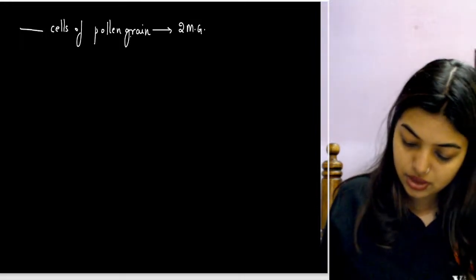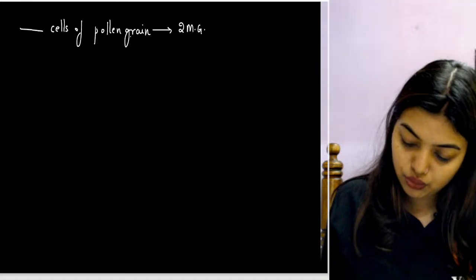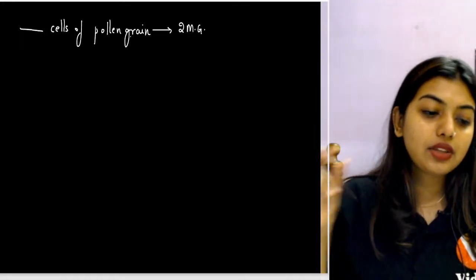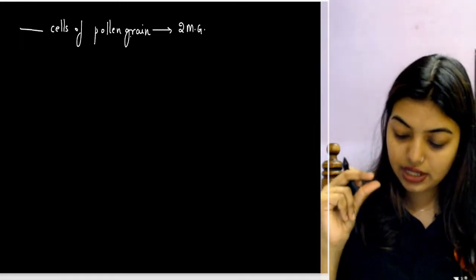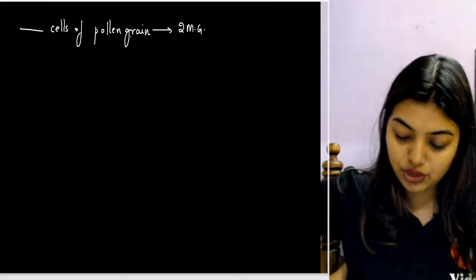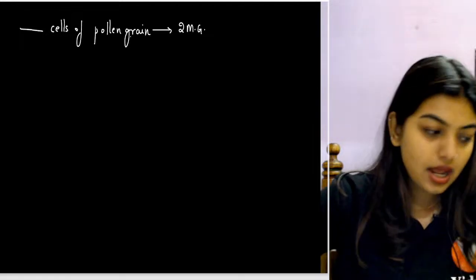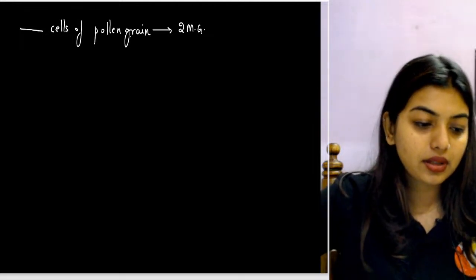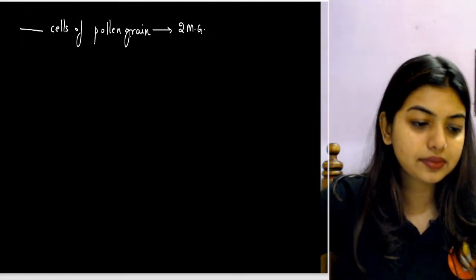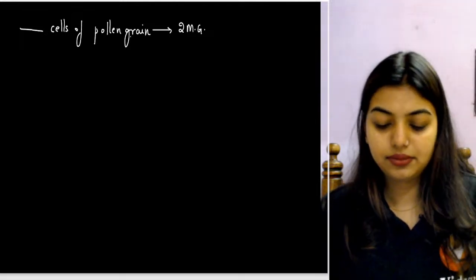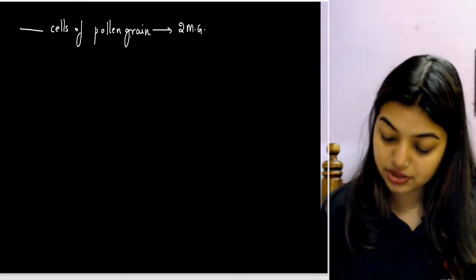Okay, chalo. The region where the body of the ovule fuses with the funicle is called raphe, hilum, tegmen, or caruncle. Which one? Yes, these are NEET level questions.